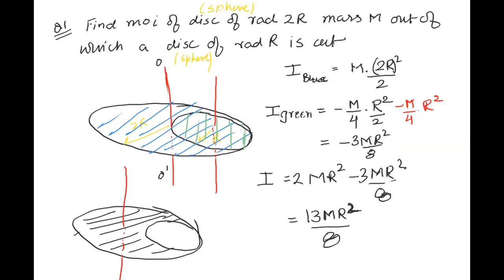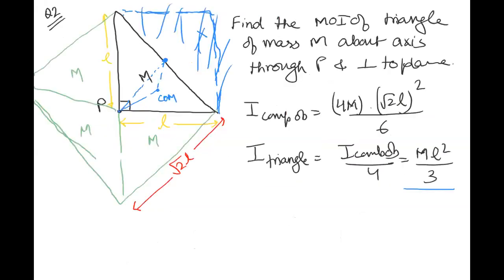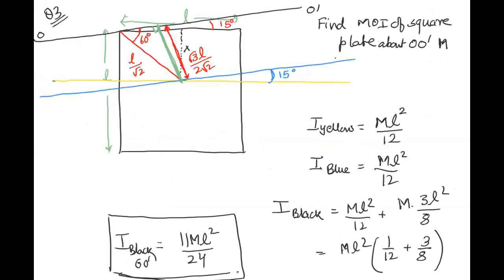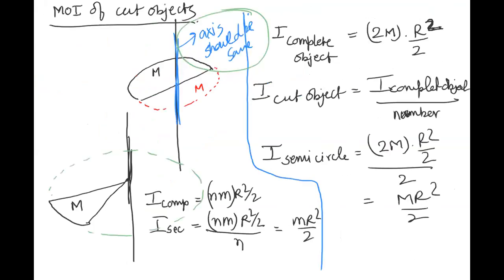Then we will see how to describe an object executing rotation plus translation motion. Once we see the kinematics of rotation plus translation, then we will talk about the concept of work energy theorem as applied here, right?